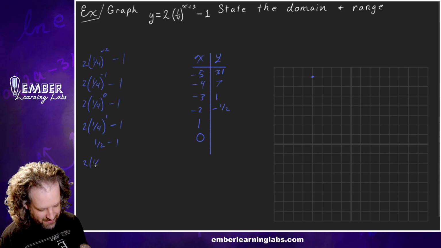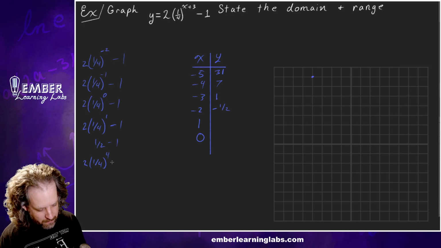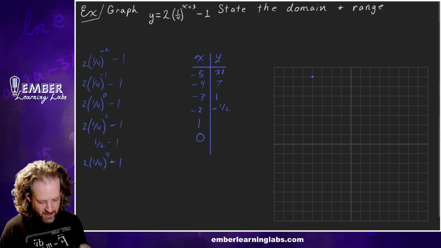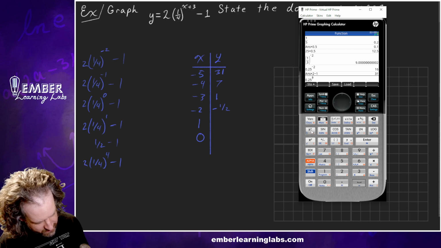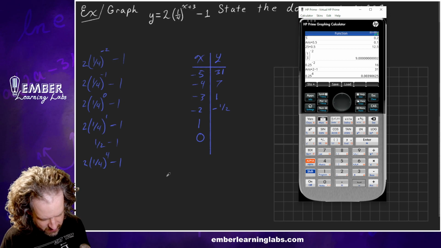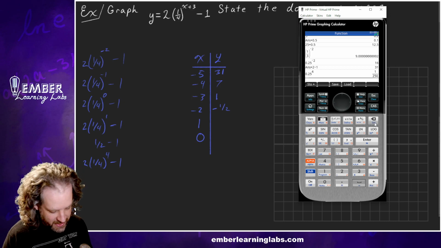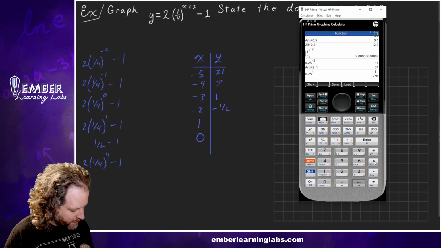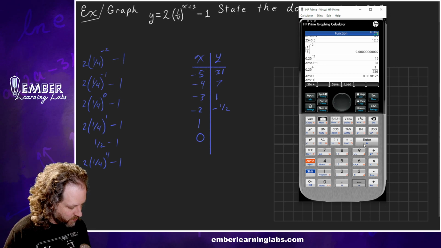Anyway, so 2 times 1/4 to the 1 plus 3, which is 4. So minus 1. That's going to be a big old small number. 0.25 to the 4 equals that, times 2 equals that, minus 1.